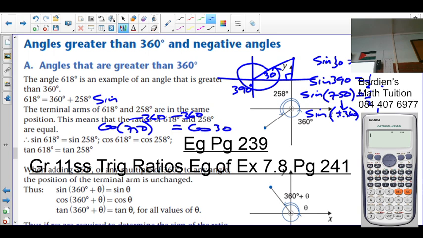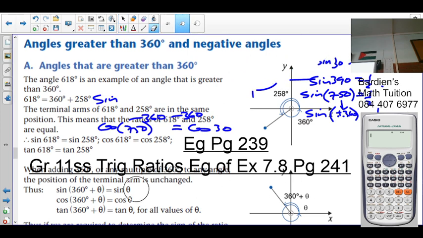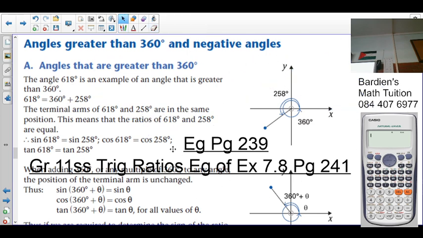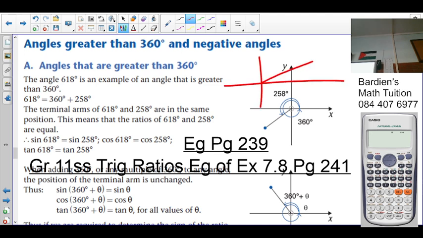Now what would happen if I go into the negative angles? What if we said, okay, you're going the other way around now. Let's say you've got again sine of 30. Now what if we subtract the 360? That gives an angle of negative 330.